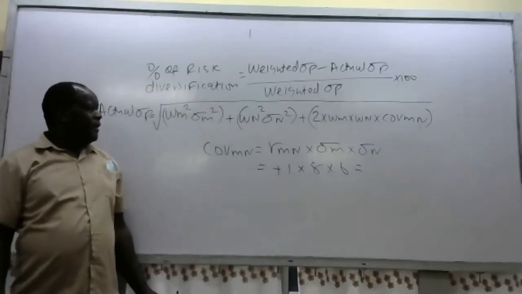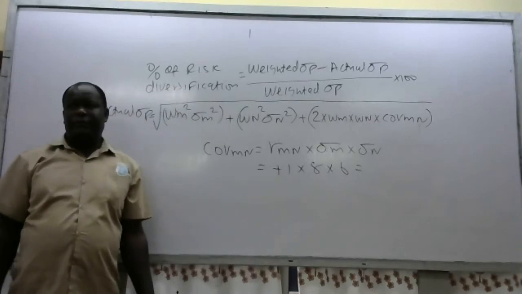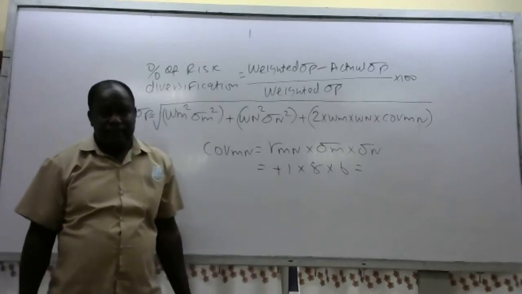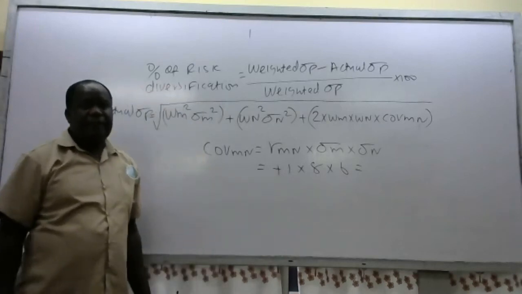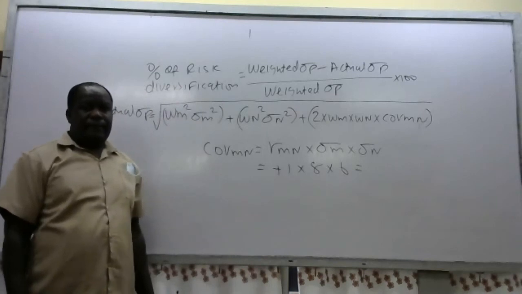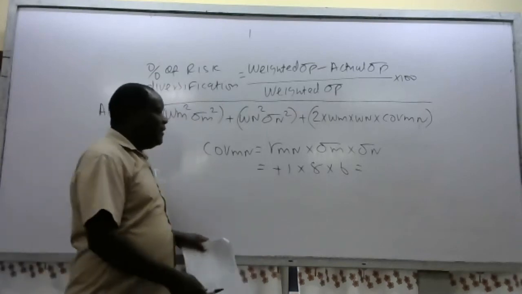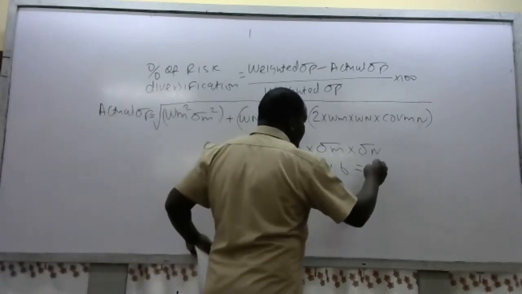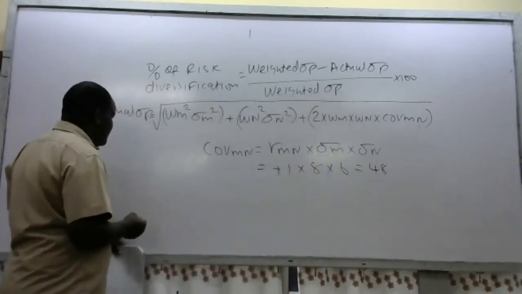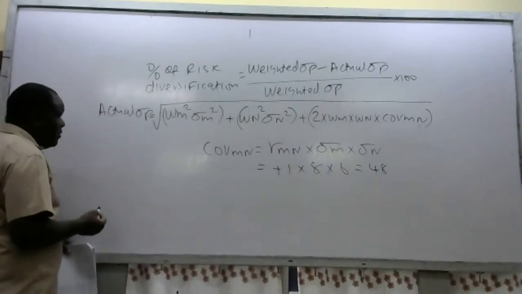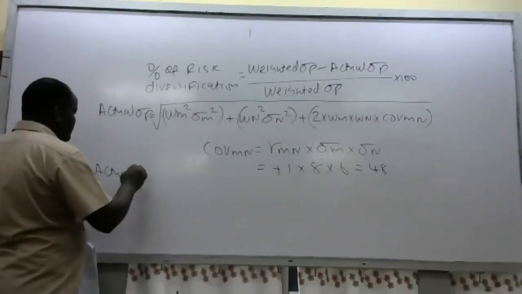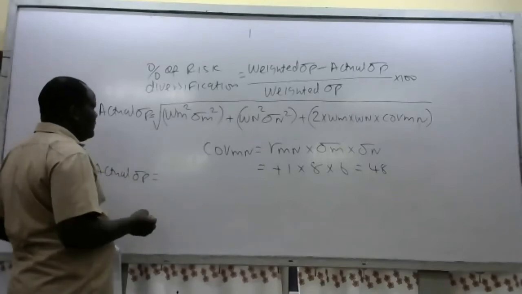When you multiply 8 by 6, which figure do you get? You get a value of 48. After that, we now compute the actual standard deviation for the portfolio.